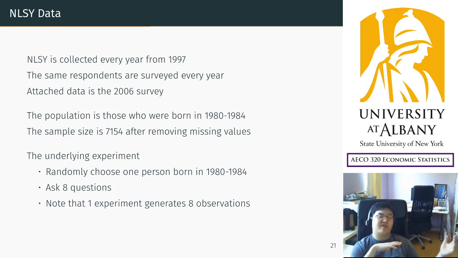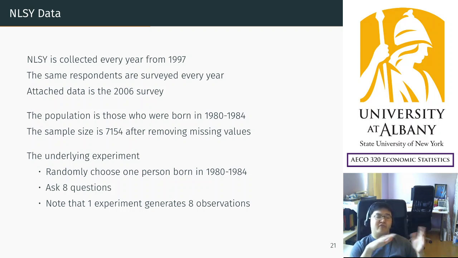But on the other hand, our observations consist of 7,154 individuals after removing missing values. Missing values may arise by mistake, or if they do not participate in the interview, or they may reject to answer some questions.